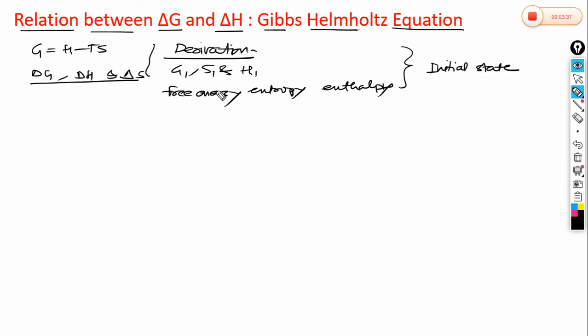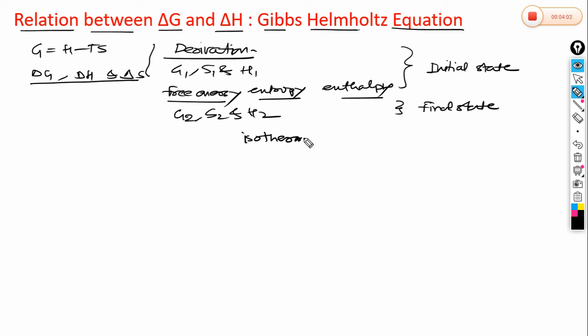Let us assume that G2, S2 and H2 are again the free energy, entropy and enthalpy in the final state, and the change is brought about isothermally at temperature T.